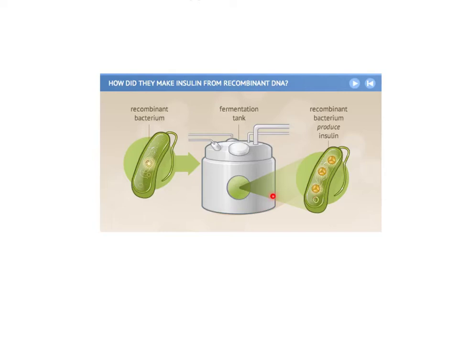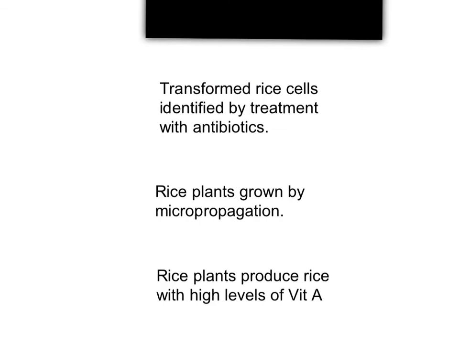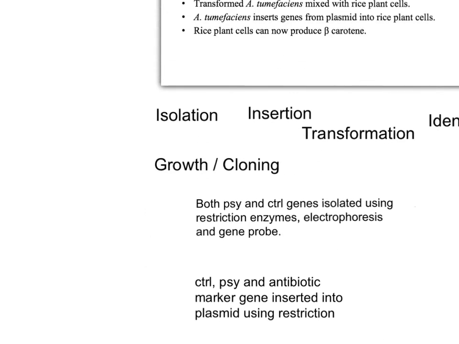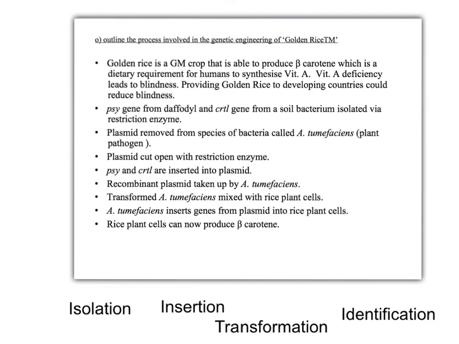Okay, moving on to the second slide. This slide deals with the genetic modification of rice plants to produce vitamin A. In certain parts of the world, there is quite a problem with night blindness due to the population having low levels of vitamin A in their diet, which causes problems in certain developing countries.